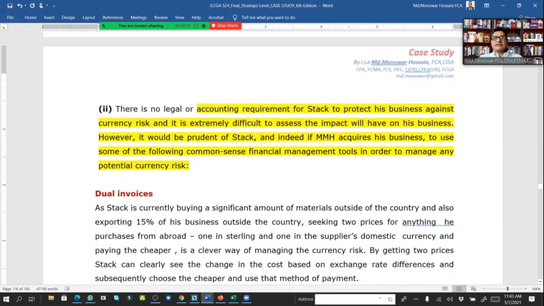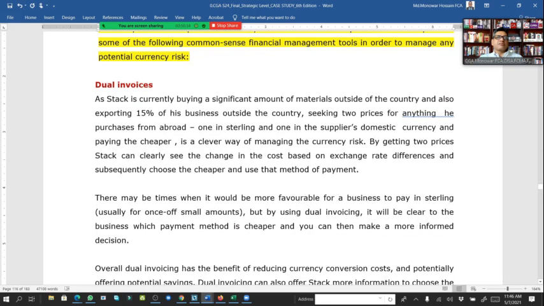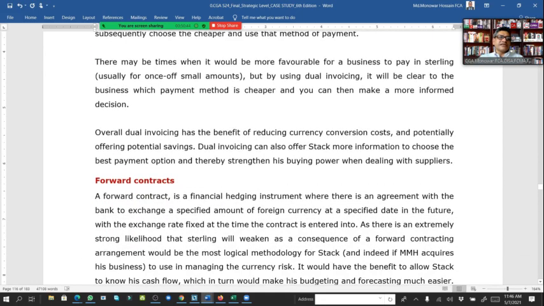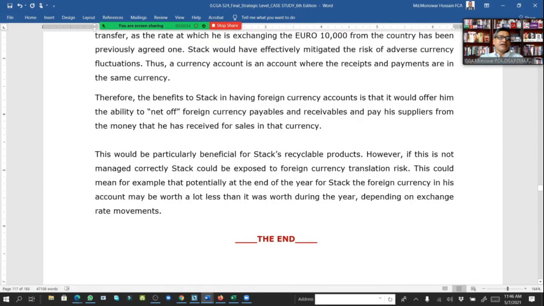Potential currency risks, so we have to manage the risks. And how to manage? Manage through dual invoicing, as the company is buying a significant amount of material outside the country. This way, dual currency and forward contracts can manage the currency risks. Also, if a foreign currency account is maintained, then risks can be minimized this way.